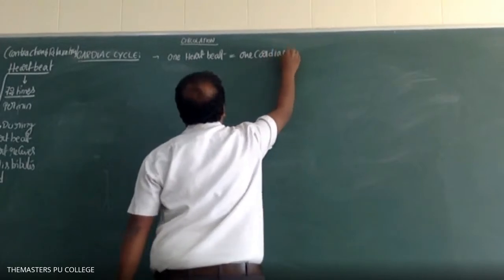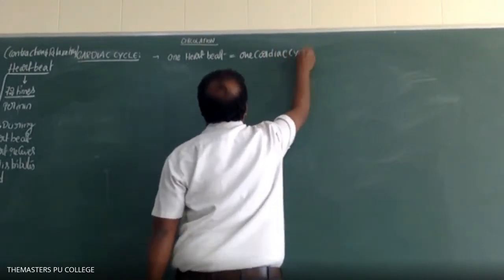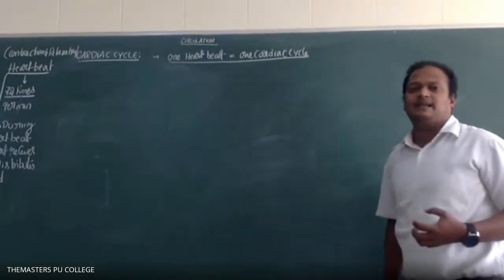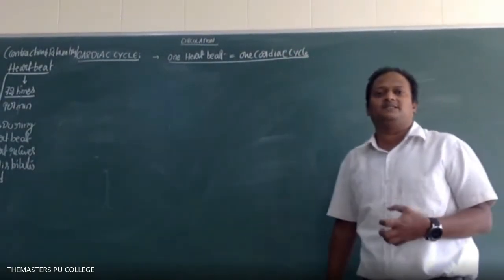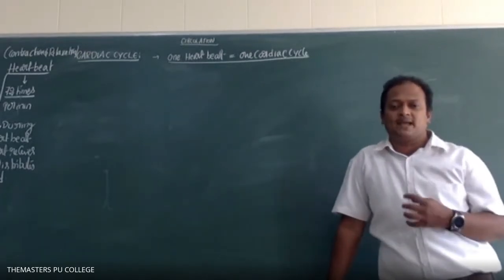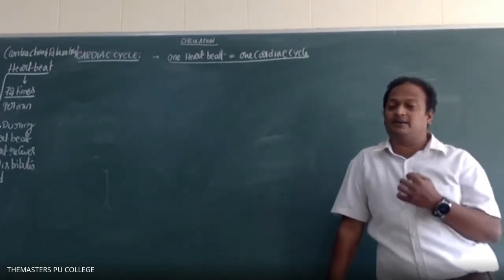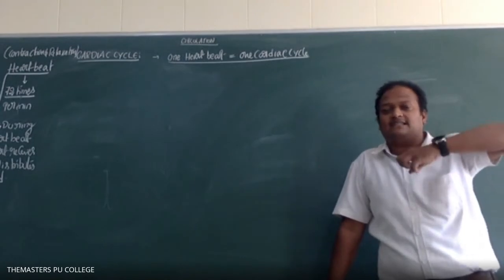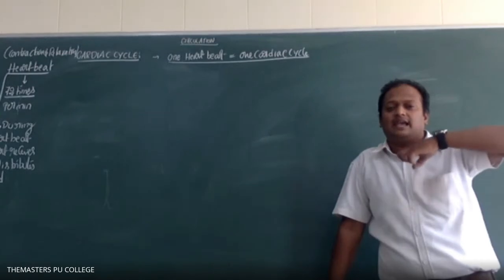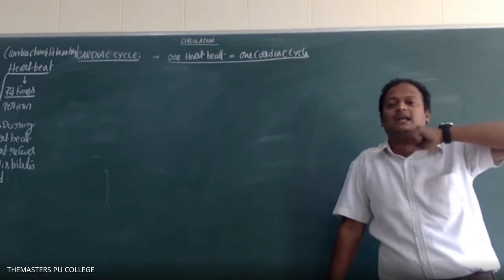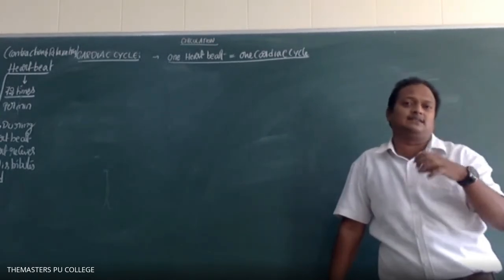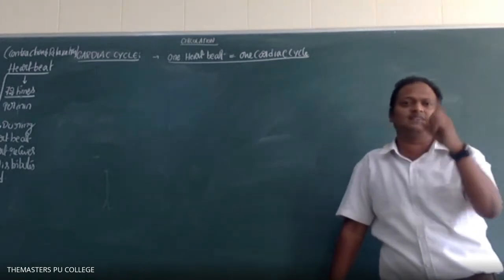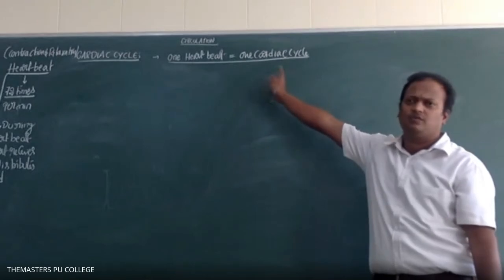So in the cardiac cycle, what type of changes take place? How many steps are present in the cardiac cycle? That means how the heart contracts and relaxes, and what type of changes occur during the cardiac cycle or the heartbeat, because one cardiac cycle equals one heartbeat.